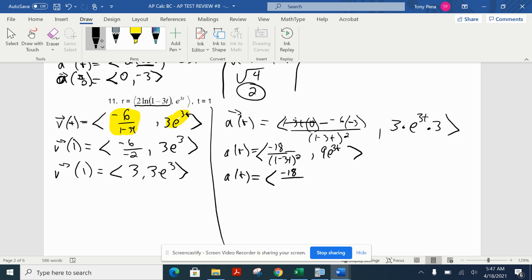Throw a 1 in here, so you're going to get a -2 squared. A 1 here would just be 9e cubed. So the acceleration vector at the time of 1 is -9/2, 9e cubed.